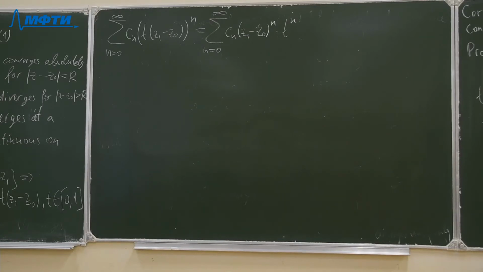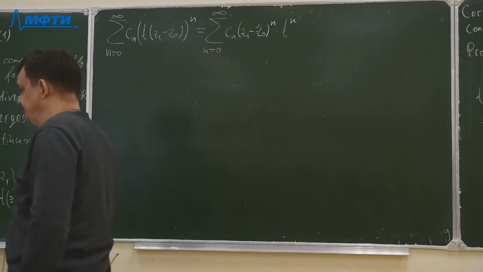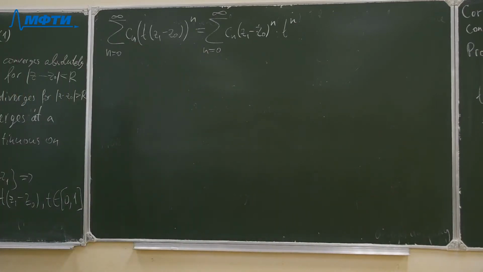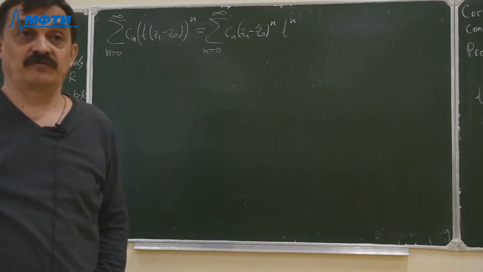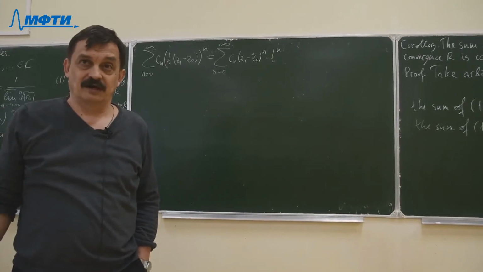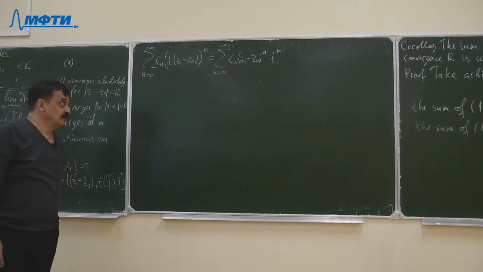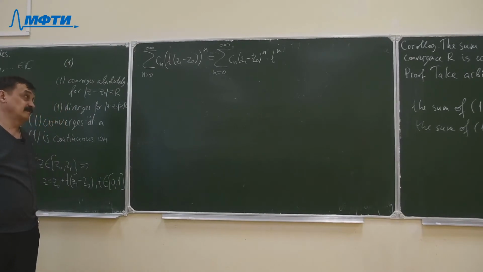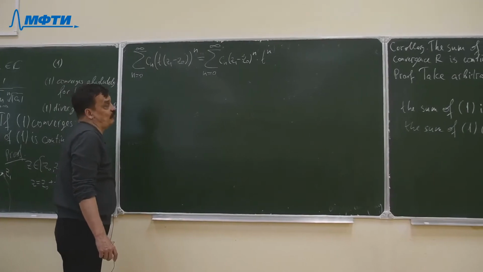Now, rigorously speaking, we didn't prove Abel's test for convergence of complex series. Abel's test was proved only for real series. But in fact, the proof is the same for complex series.